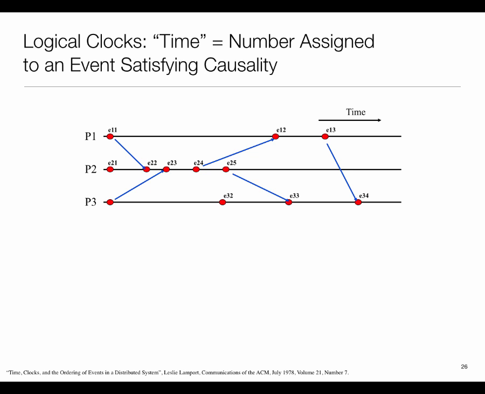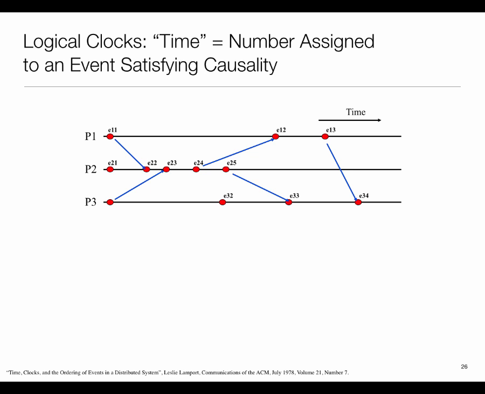But then there are other types of events which are related to communication. Like E24 is the event where P2 is sending a message, and E12 is the event that node 1 received that message. Obviously, one constraint that has to be true is that E12 must be after E24, because I cannot receive a message before sending it. So we do have a causality requirement.